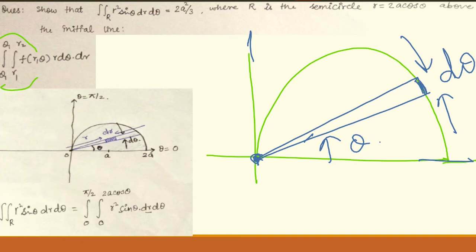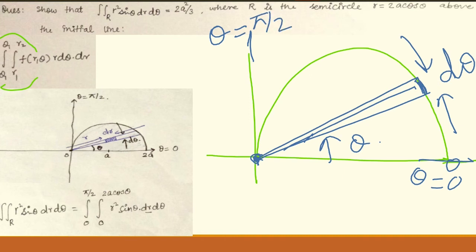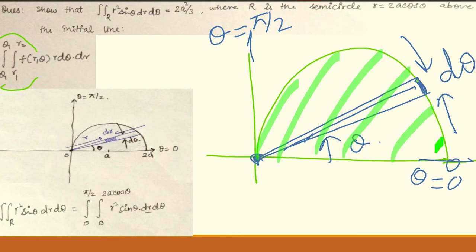If we integrate this strip from theta equal to 0 to theta equal to pi by 2, we can cover this region, the region which I am shading. Now how to fix that this strip varies from 0 to this? We need to get this strip first, then we will integrate from 0 to pi by 2.